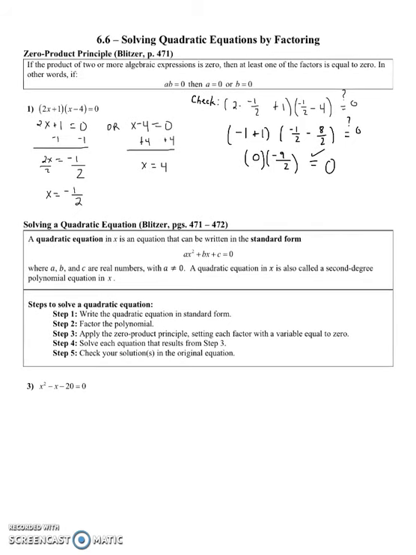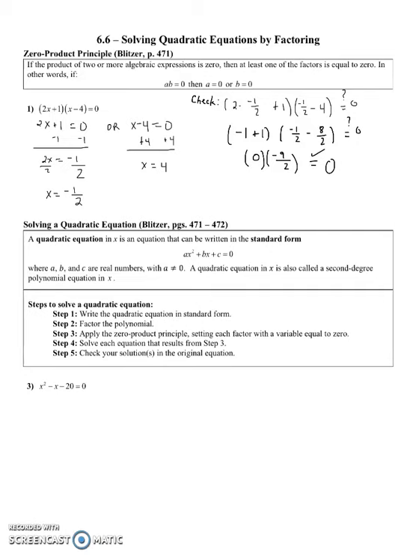So a quadratic equation in x is an equation that can be written in the standard form ax^2 + bx + c = 0. And that's where a, b, and c are real numbers and a is not equal to 0. Why is a not equal to 0?